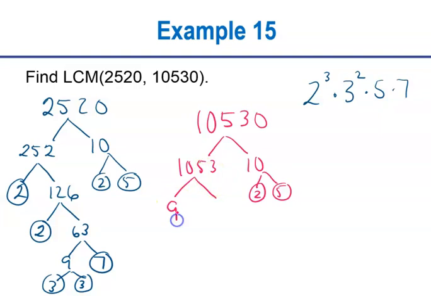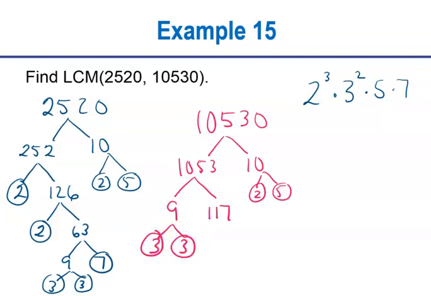Let's use 9. So 1,053 divided by 9 is 117. Now 9 breaks down into 3 times 3. What about 117? And by the way, the 3 is the end of that line.